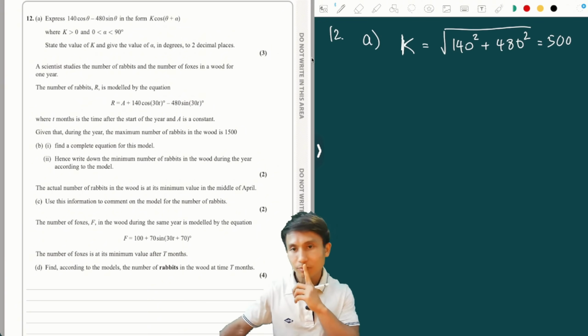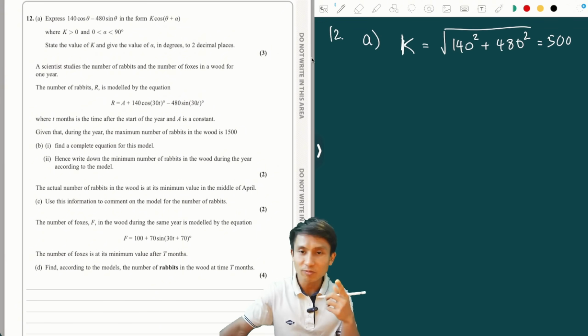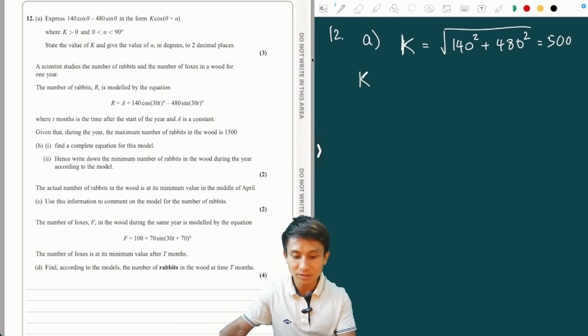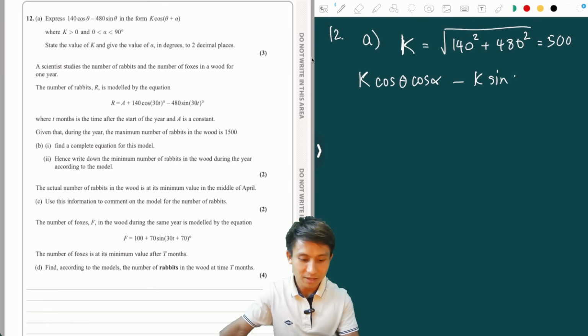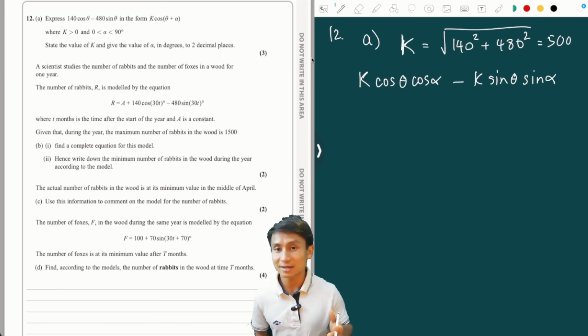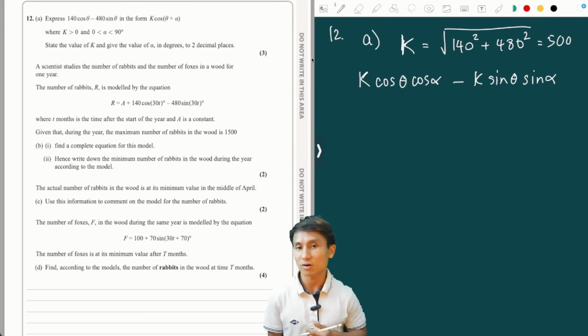And well, the way I go with this is I don't memorize. The way I do this is just expand. So k cos theta cos alpha minus k sine theta sine alpha. What I just did was expand using the addition formula for cos a plus b there. Yeah?